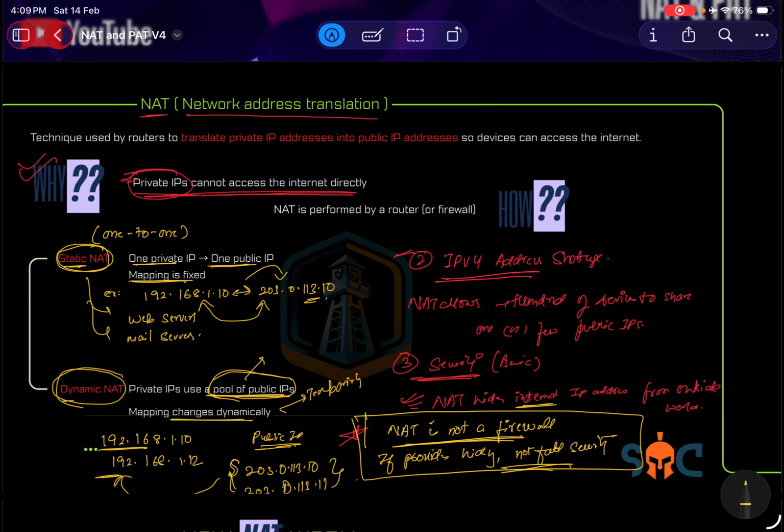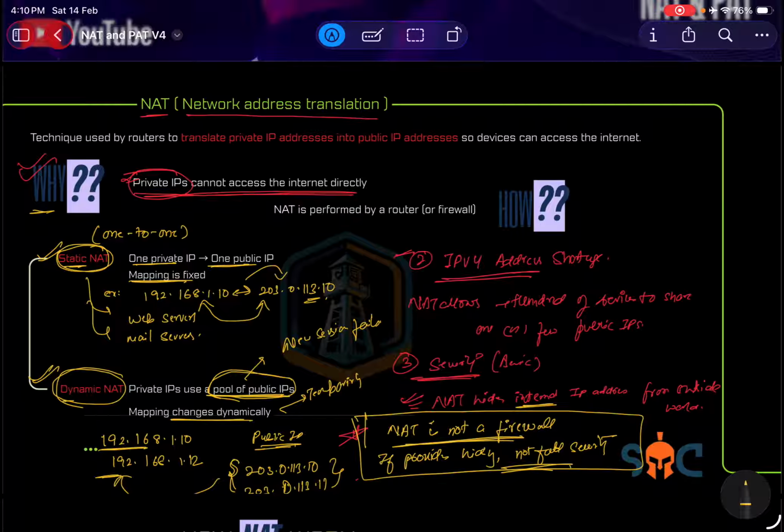So if the public IPs in the pool run out, then the new session will fail.